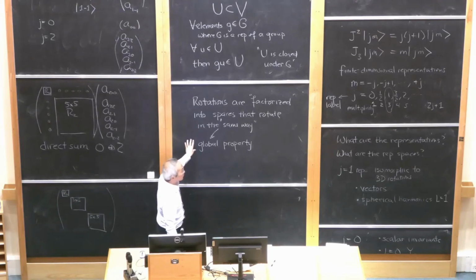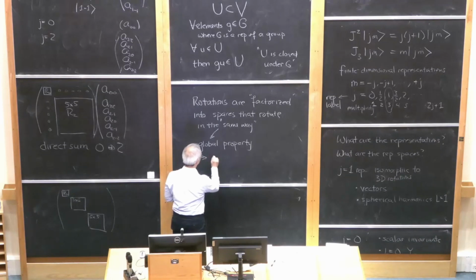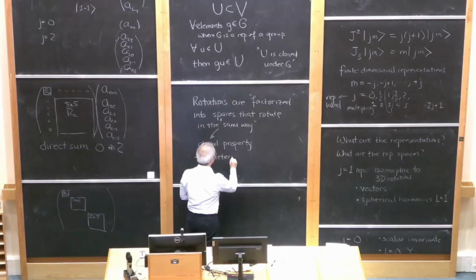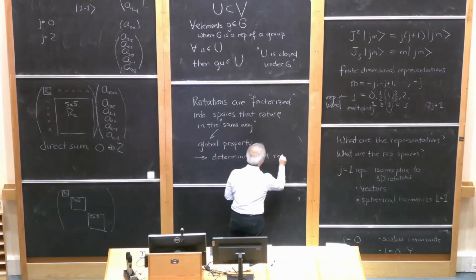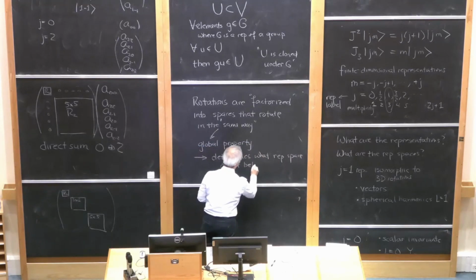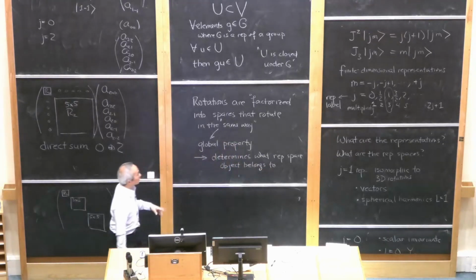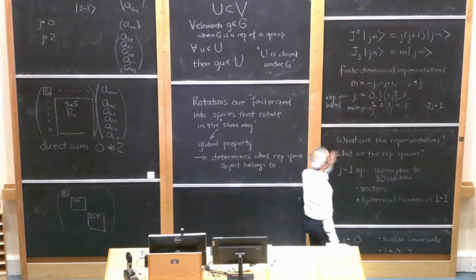So in this sense, we get back the fact that we still have these global properties, and that in fact determines what representation space an object belongs to. And it's for this reason why we say vectors actually belong to the J equals 1 representation.